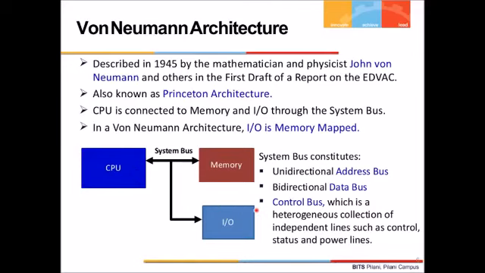This control bus will contain different signals. For example, if you want to send a read signal, it will be a part of the control bus. It will send some start signals as well, and the power line should be part of this control bus. So this is a basic von Neumann architecture.